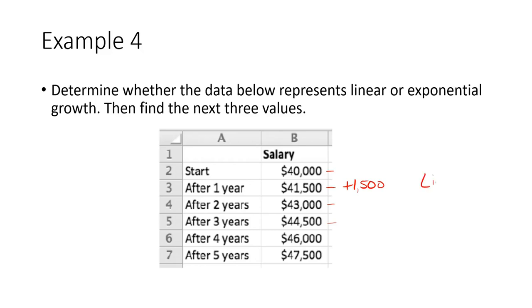So this would be linear growth. And to find the next three terms, we would just add 1,500 to each one. 47,500 plus 1,500 will give you 49,000. The next number would be 50,500 and then 52,000.